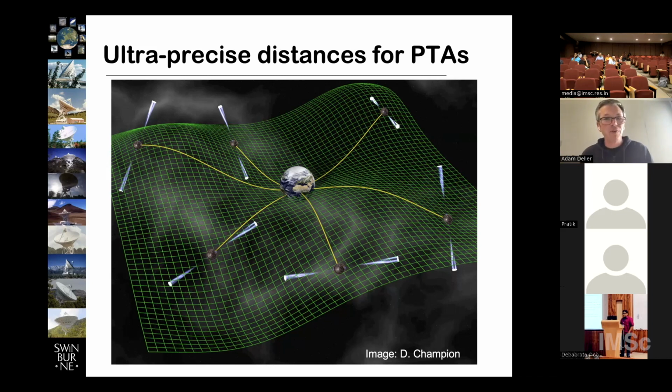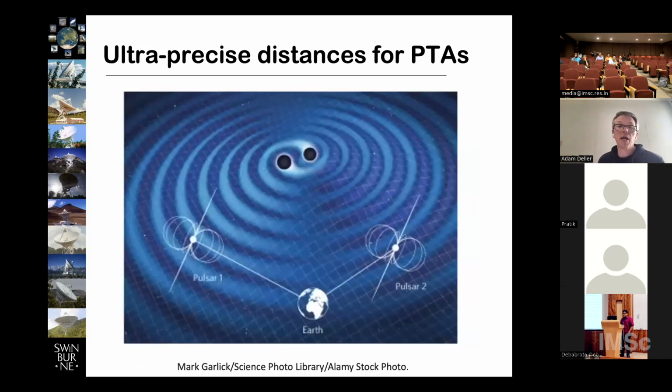So we're only sensitive to half of the effect, really, the effect on the Earth, but not the effect on the source. However, were we to consider a single supermassive black hole binary, and this one would be within our galaxy, apparently, at a comparable distance to the pulsars, but it's an artist's impression.